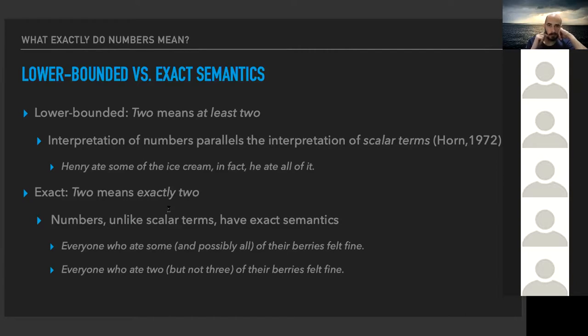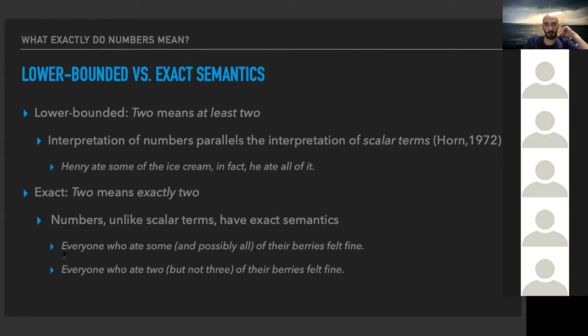Exact semantics means that numbers, unlike scalar terms, have an exact interpretation. So 2 means exactly 2, not more, not less. For this, I've got an example here, like everyone who ate some of their berries felt fine, which also means that everyone who ate all of their berries also felt fine.